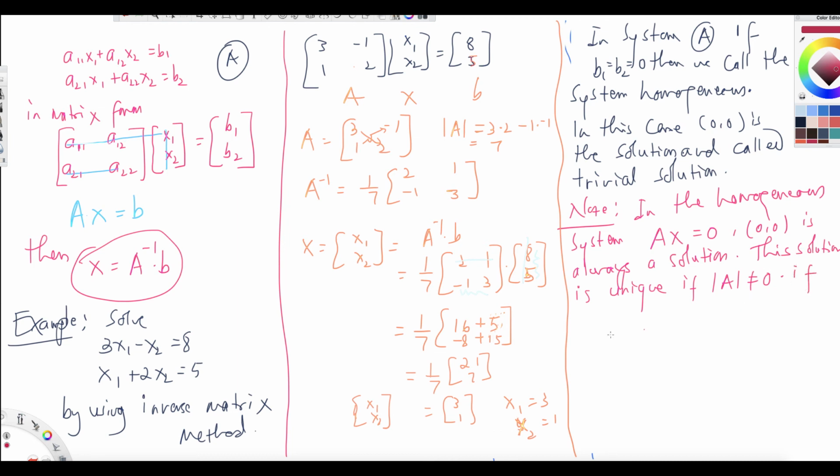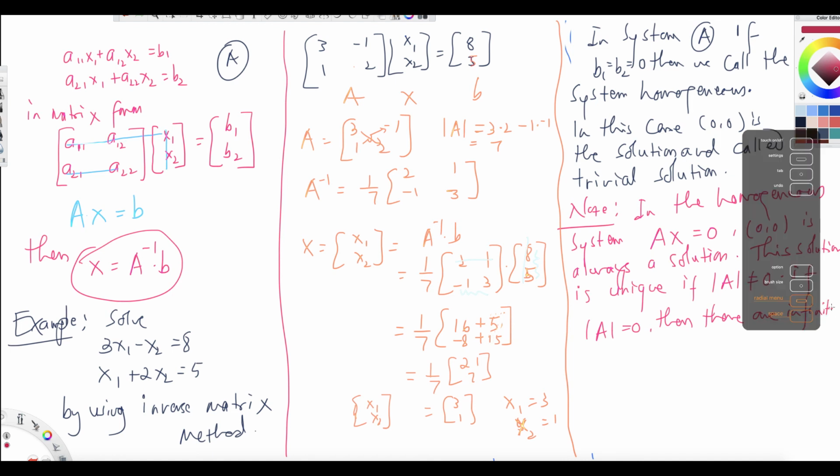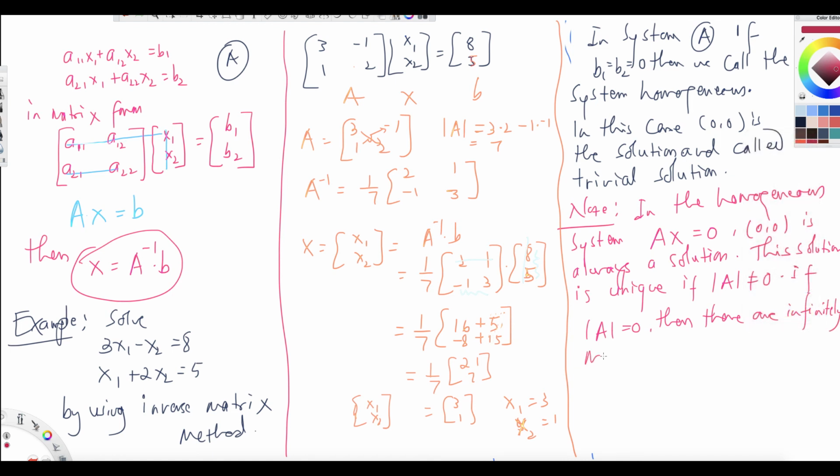If the determinant of A equals 0, then there are infinitely many solutions, meaning that those two lines overlap.